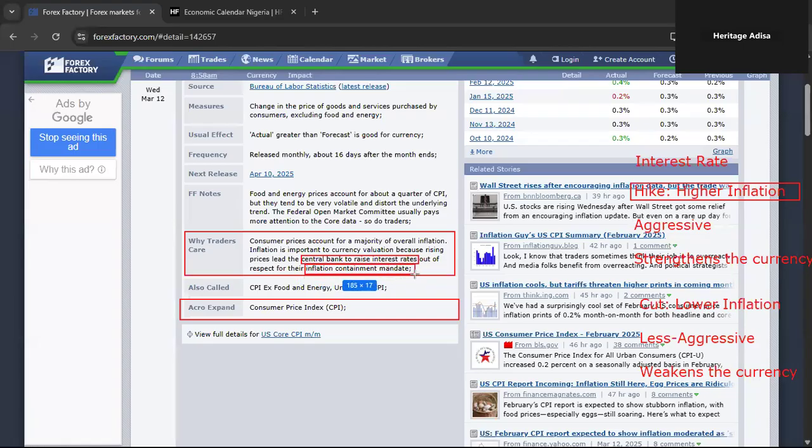You can see, like I mentioned, it's something they must do. It's a defense mechanism. When inflation goes up, central bank already have their own defense mechanism. When inflation goes down, they also have their own defense mechanism. And naturally, higher inflation strengthens the currency, lower inflation weakens the currency. We saw this happen with the US dollar yesterday.